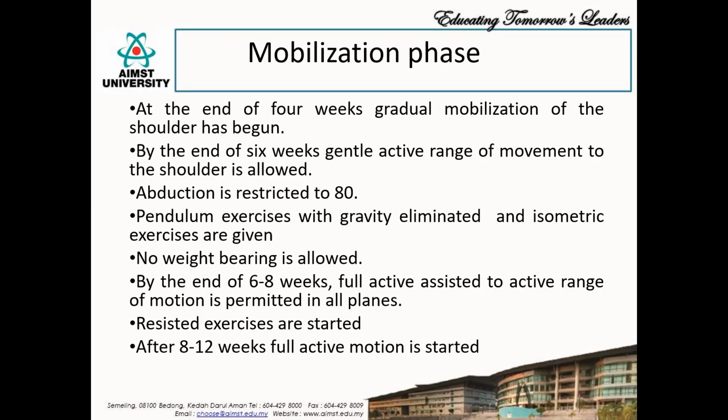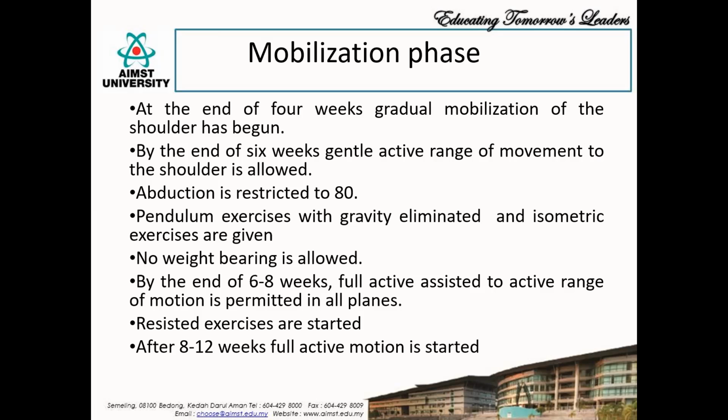And then by the end of the 6th to 8th week, now only you can start assisted movement. They cannot achieve much, maybe only 60 degrees of flexion. It's not going more than that. Assistance can be given by the end of the 6th to 8th week. Then only you can assist them.